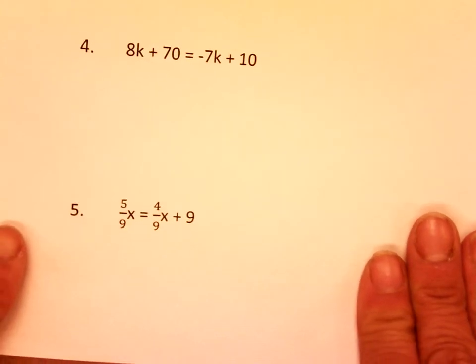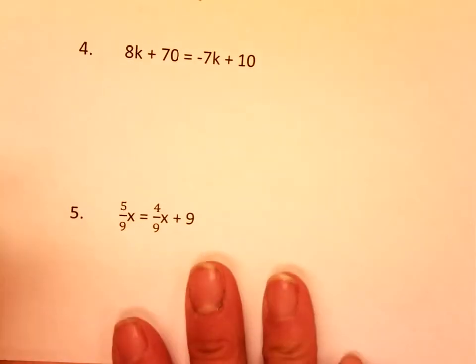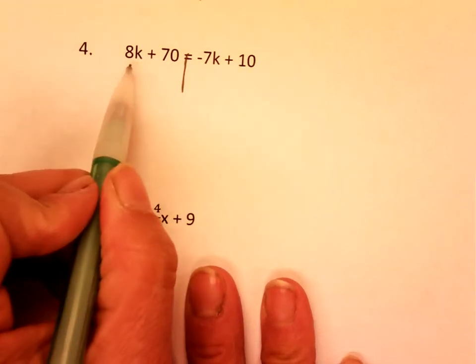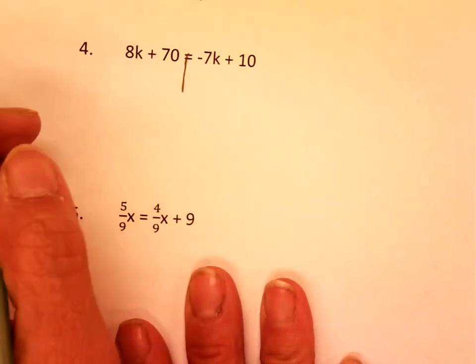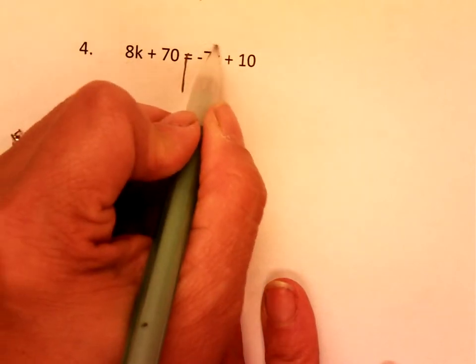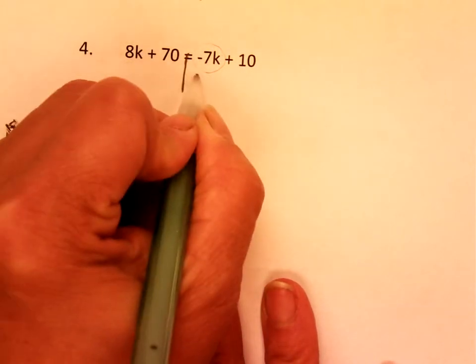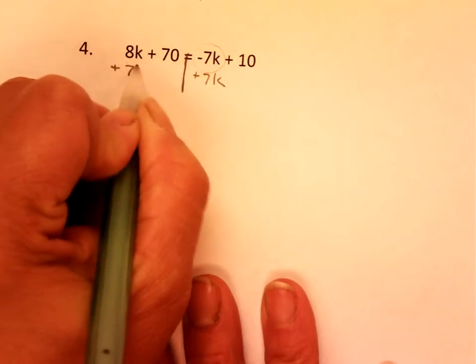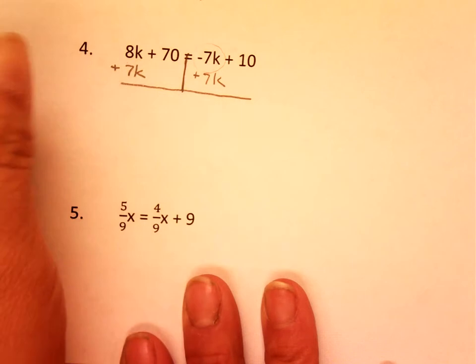Okay, number 4, make an equal sign, make a line under the equal sign. So you have an 8k and a negative 7k. You want to make sure your k's are positive. So you're going to add 7k on both sides because we want the k to be positive.